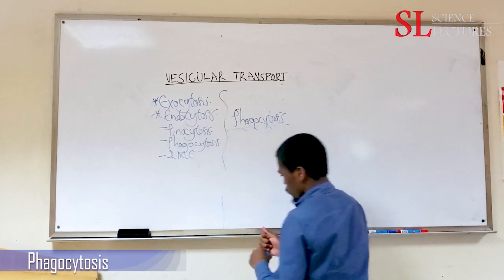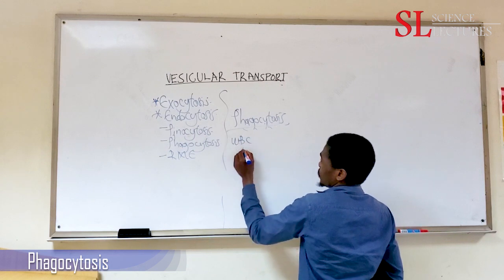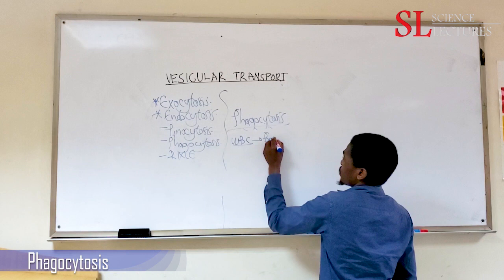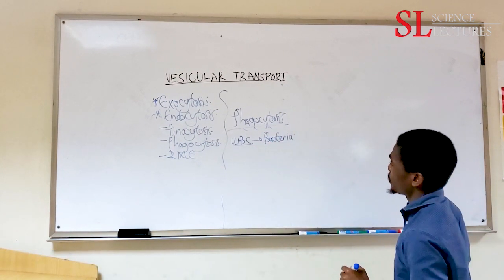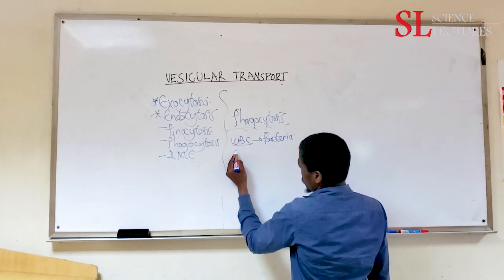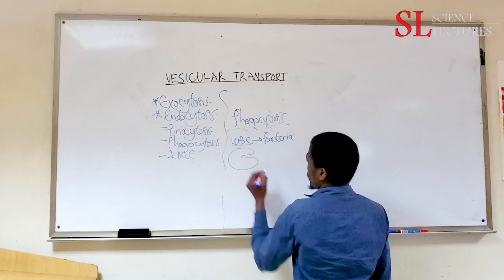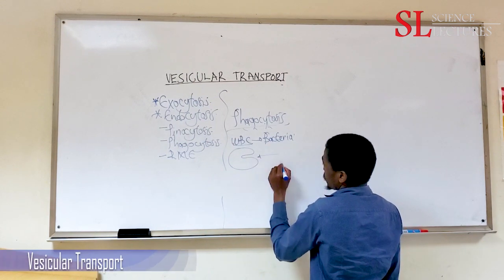So let's imagine we have the white blood cell, and we have some foreigners, bacterial cells, as foreign cells. What happens when they come into contact? The white blood cell comes into contact with the bacterial cell.